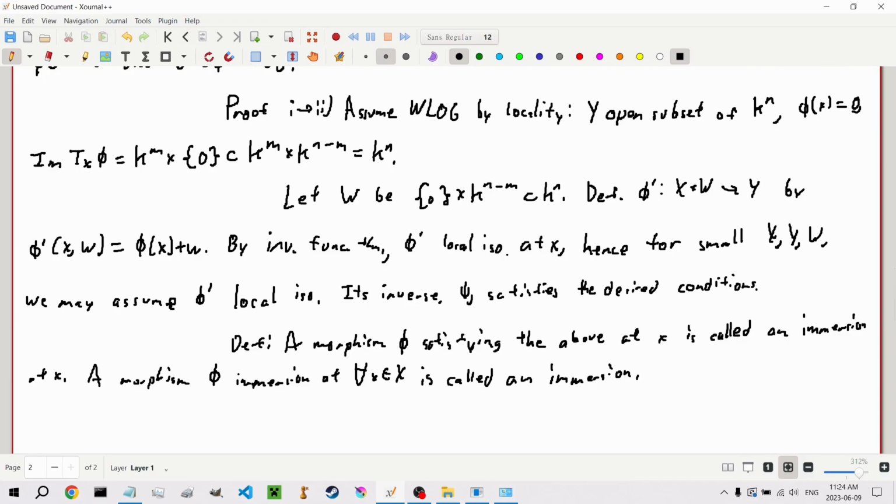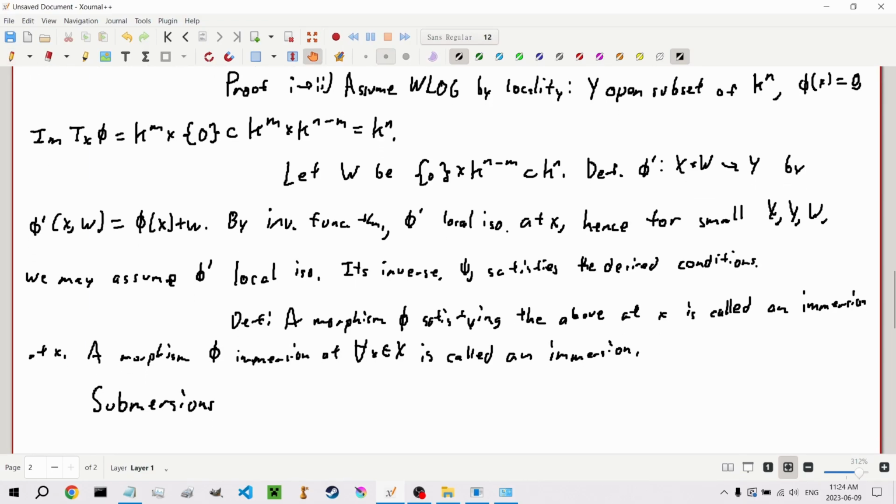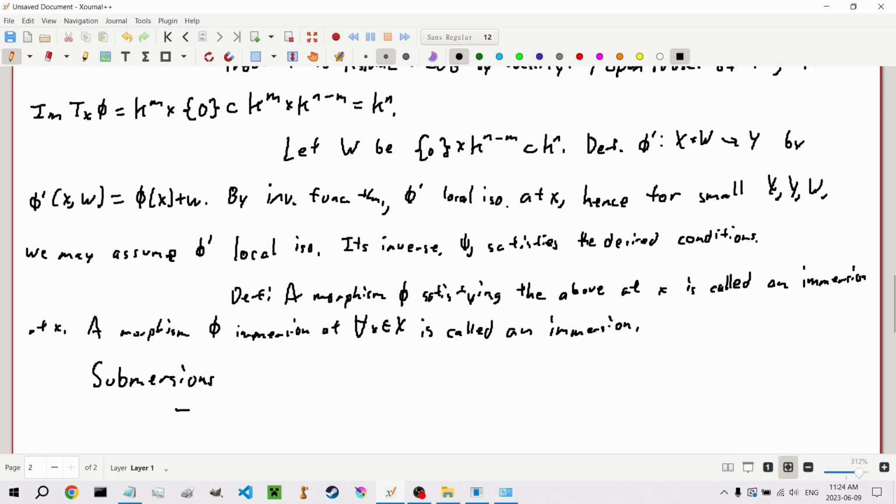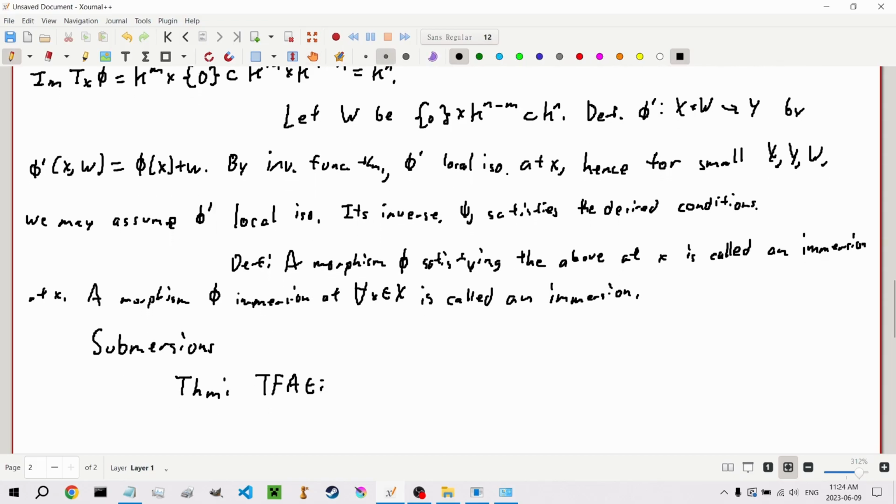Alright, and that brings us to our second topic, which is going to be submersions. And once again, we start with a theorem for equivalence. The following are equivalent.